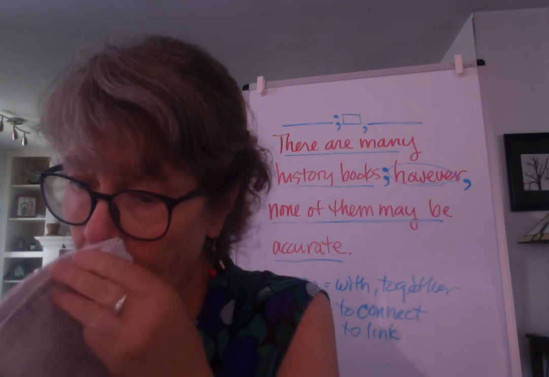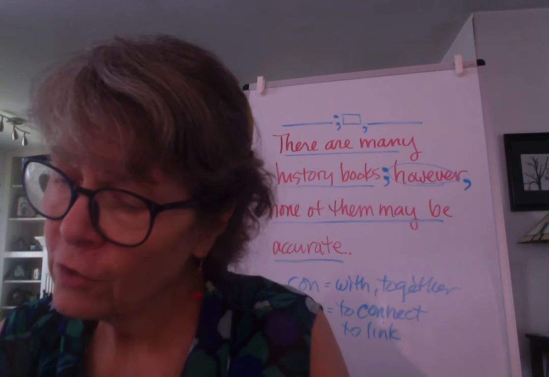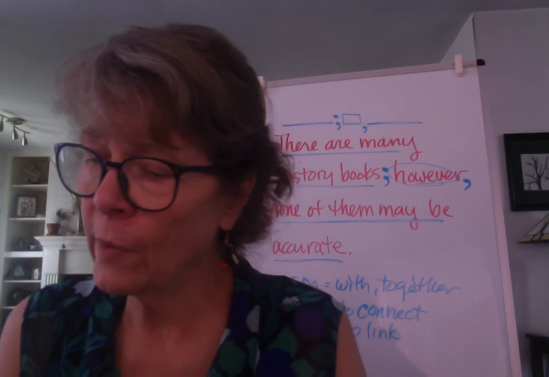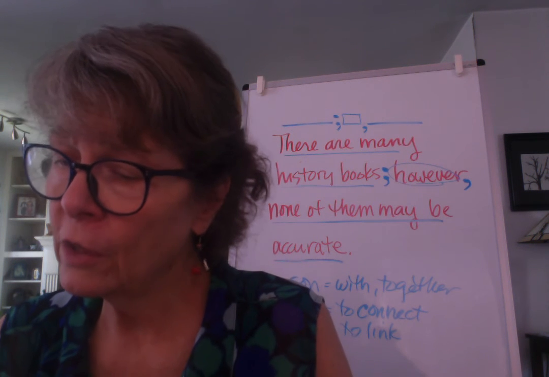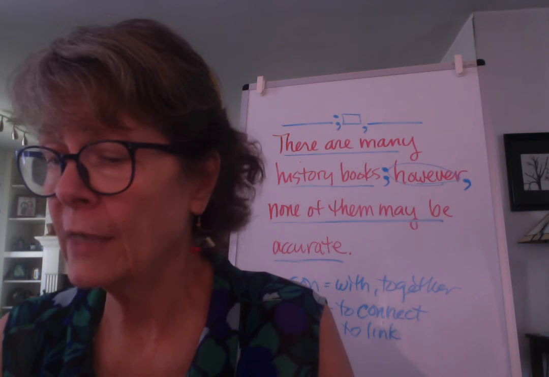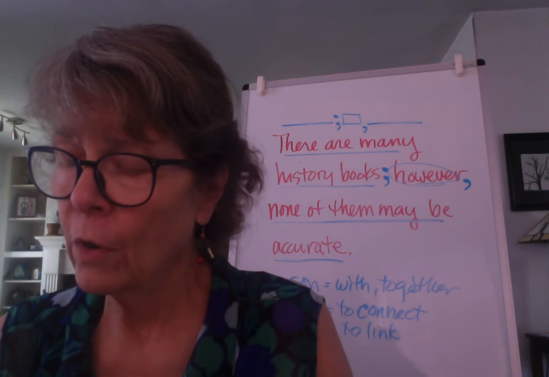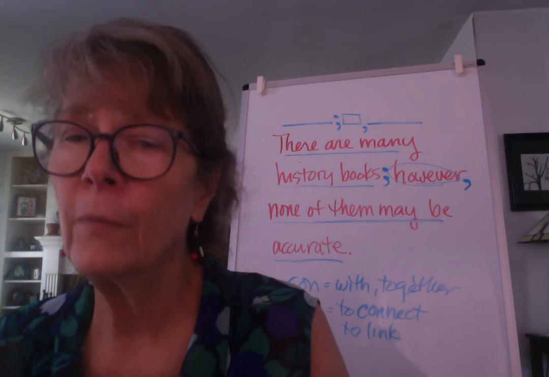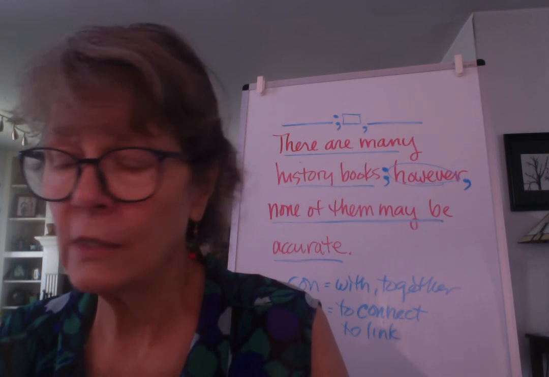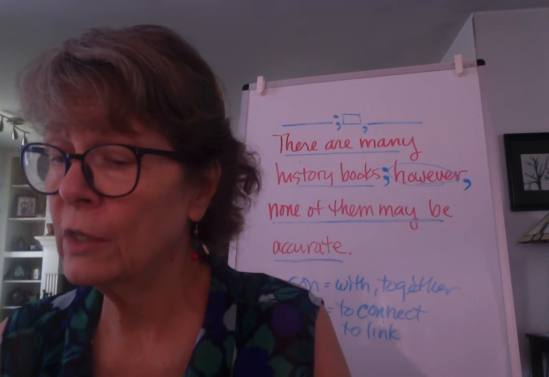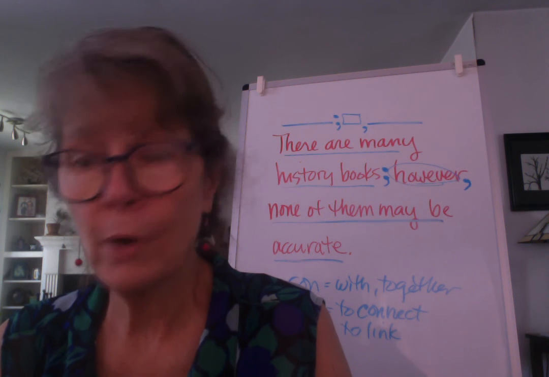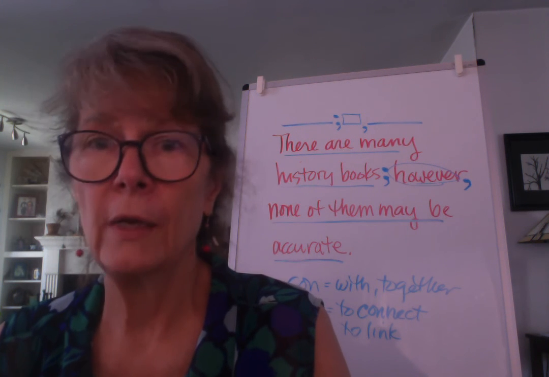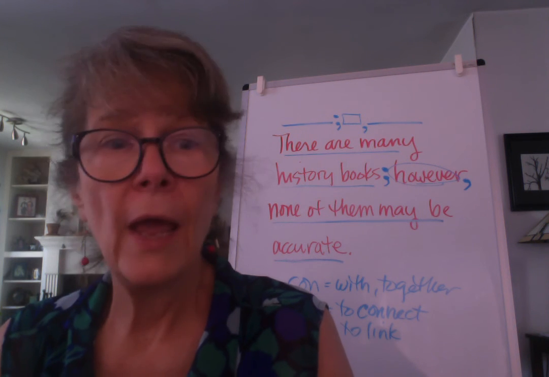Consequently is the one that's closest to so. He felt he couldn't tell the truth about what happened. As a result of this, he lied. Or so because of this, he lied. So that's the one that fits the best. We would say he felt he couldn't tell the truth about what happened, semicolon, consequently, comma, he lied. All right?